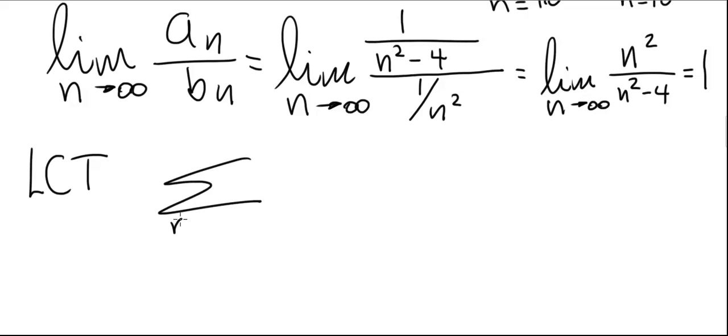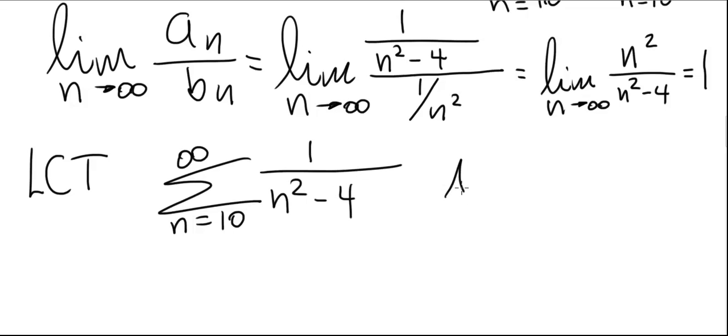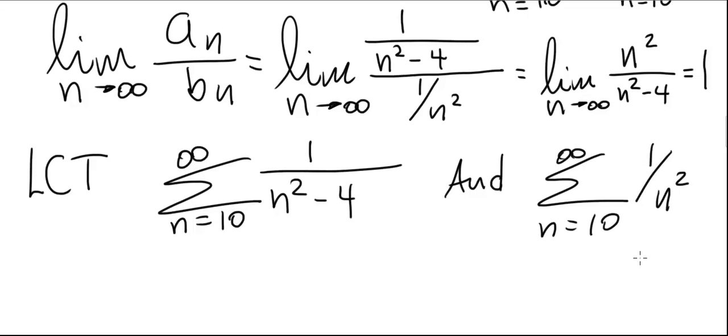So the 2 series, the summation n equals 10 to infinity of 1 divided by n squared minus 4, and the summation n equals 10 to infinity of 1 over n squared, both converge or both diverge. Now the 1 over n squared series is not quite the p series, since the p series starts at 1, but this is a modified p series, and it clearly converges.